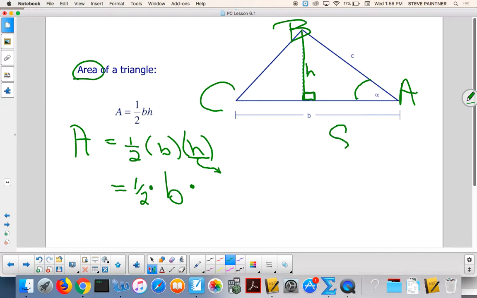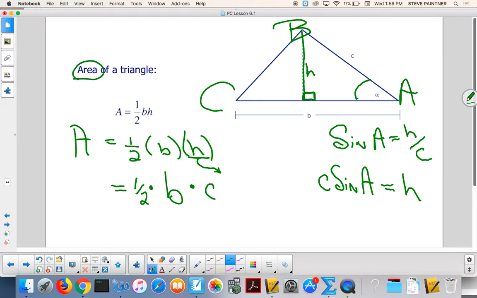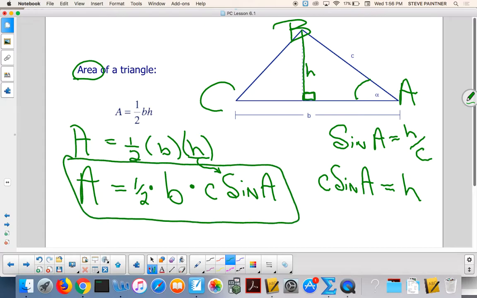Sine of A equals H over C. And of course, solve it for H. Multiply both sides by C, and you get H equals C sine A. So this height in your formula can now be replaced with C times sine of A. And this becomes the area of an oblique triangle.